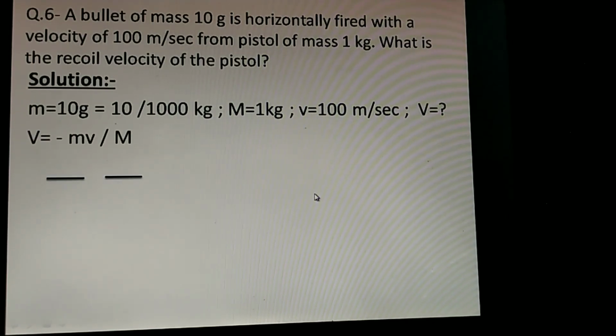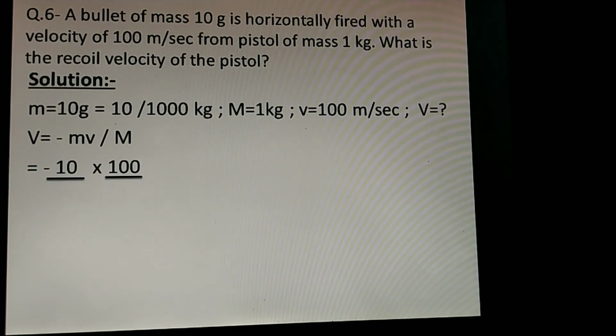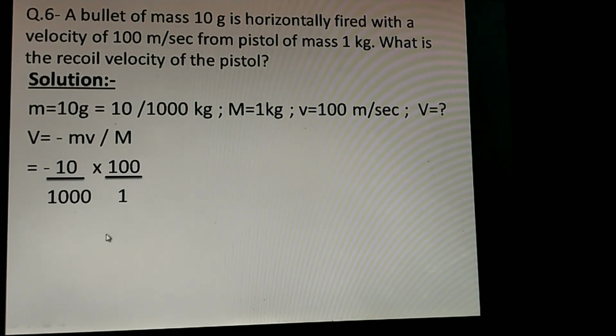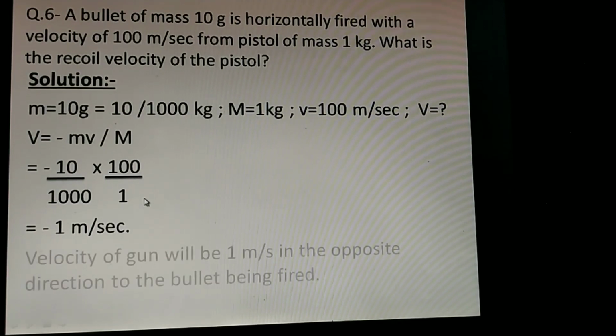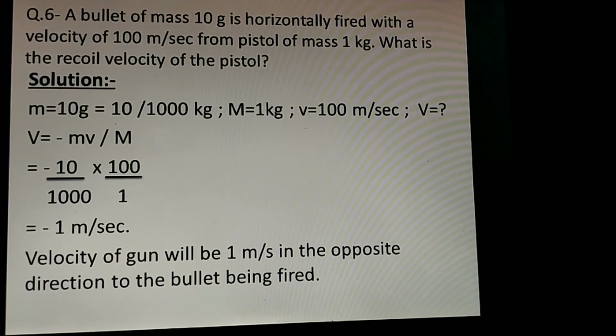Now substitute the values in this formula, that is capital V is equal to minus mv divided by capital M. Here minus represents the recoil velocity. After substituting the values, minus m is 10 by 1000, multiplied by v that is 100, divided by M that is 1. Then we will get the value of minus 1 meter per second. So this minus 1 represents the opposite direction, that is the recoil velocity of the pistol.